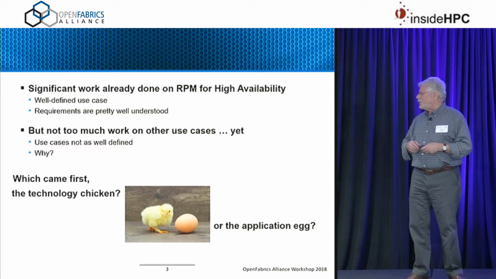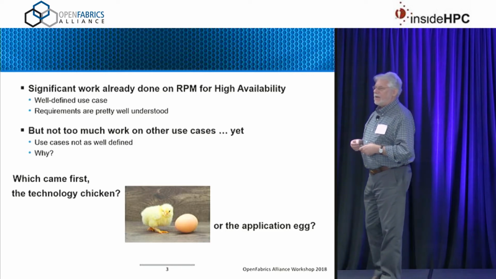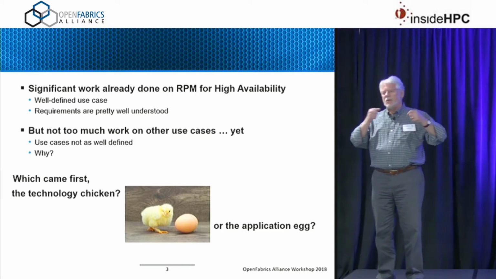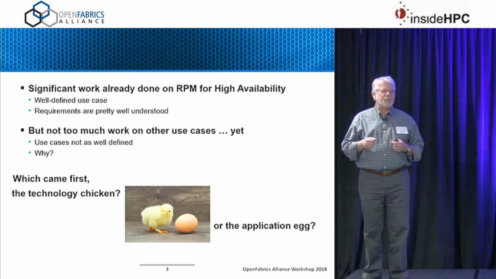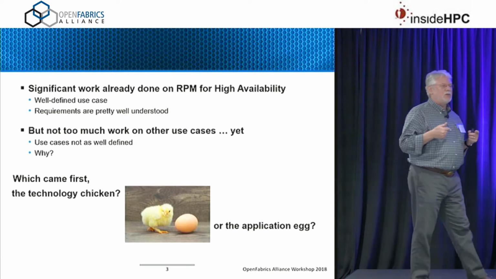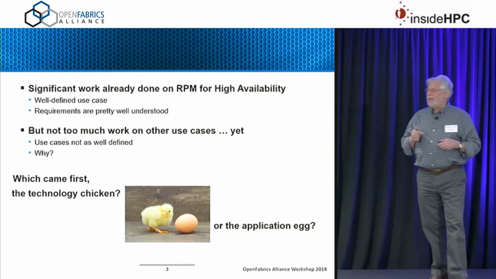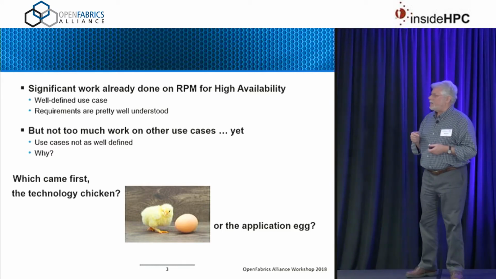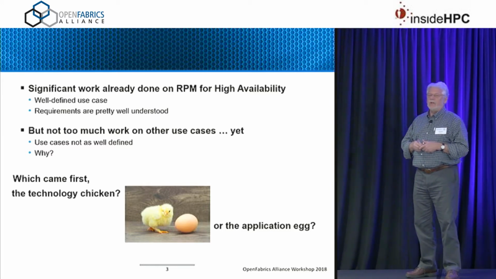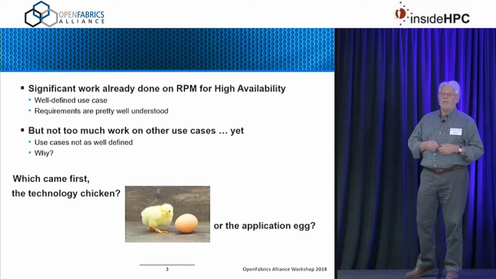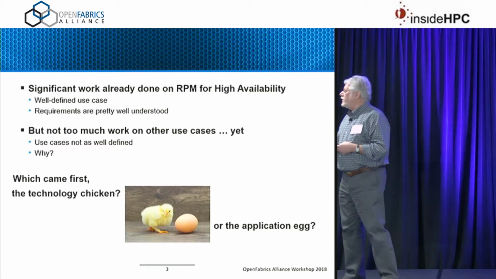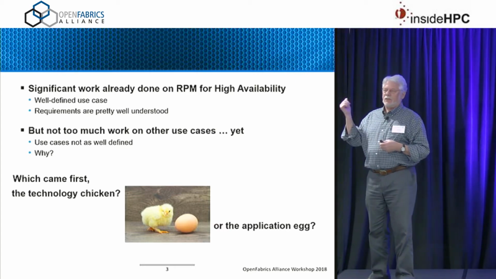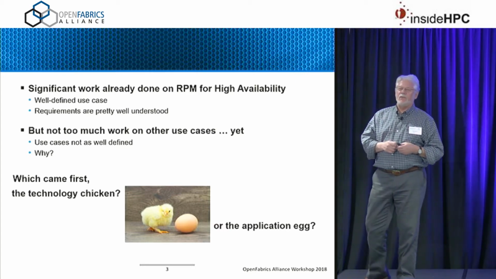And there's this chicken or egg problem here. You've got application developers who really want to write better applications, and you've got technologists who want to develop better technology, but they're staring at each other going, you first. So in the typical OpenFabrics way, we're going to try to take an application-centric view here. We're going to try to drive this by looking at what the use cases might be beyond the high availability use cases, which are pretty well defined already.